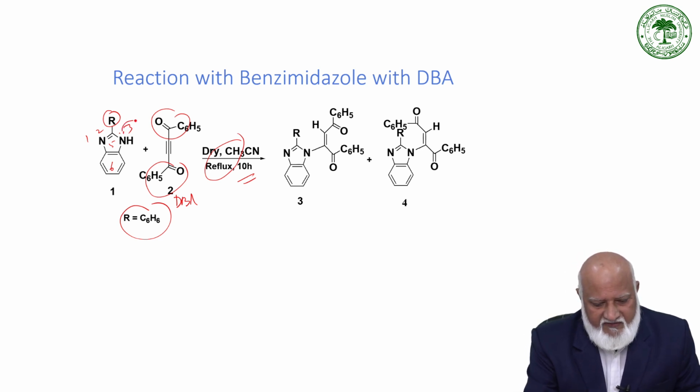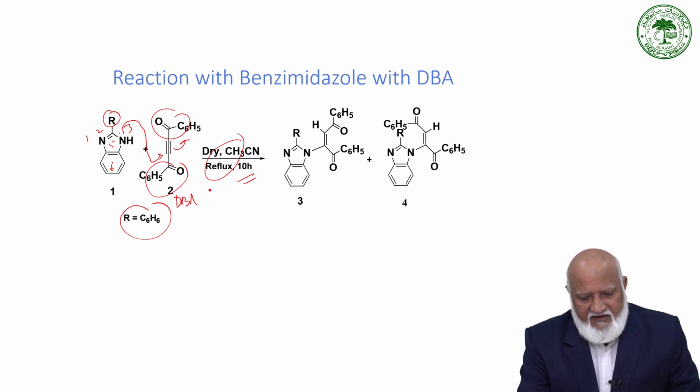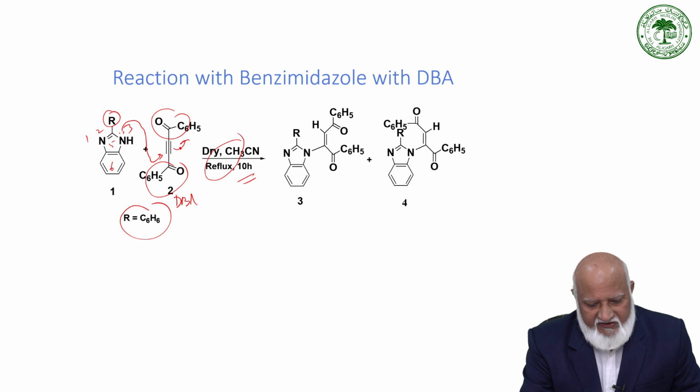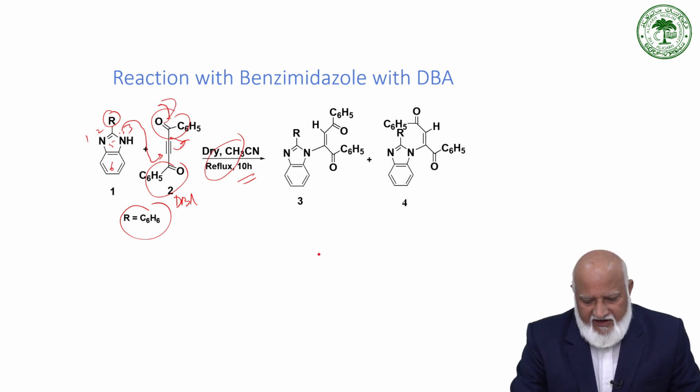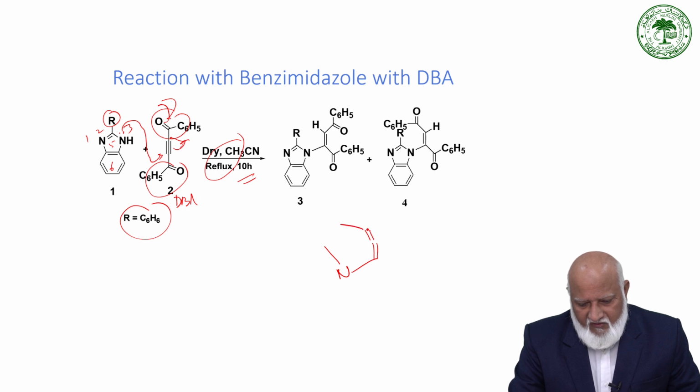The lone pair of this nitrogen can add to one of the carbons of the acetylene bond, giving rise to an anionic species. When it adds like this, the nitrogen goes like this, and then another double bond, and then the O minus and C6H5, and then this comes back and abstracts a proton from here.